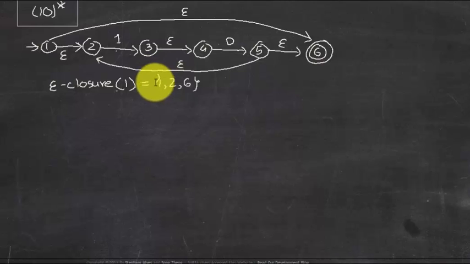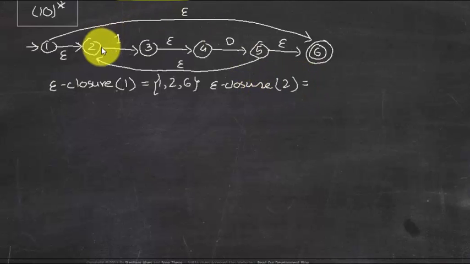These are the set of states. Now let's compute the e-closure of state 2. For state 2, we don't go to any state using an epsilon transition, so it will only go to itself.